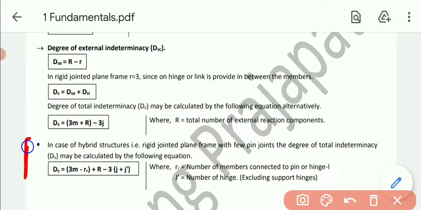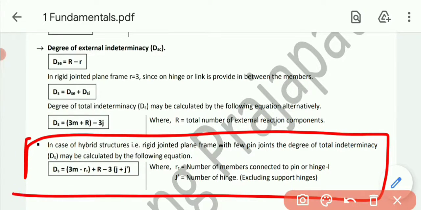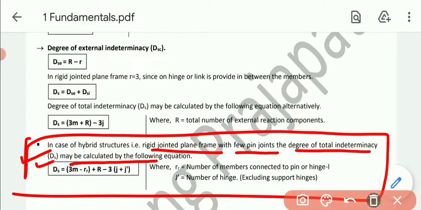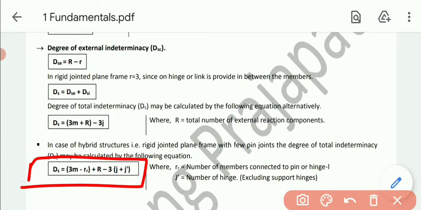Then in case of a hybrid structure, for example a rigid jointed plane frame with a few pin joints, the degree of total indeterminacy DS may be calculated by the following equation: 3m minus RR plus capital R minus 3 times j plus j dash, where RR is the number of members connected to pin minus 1 and j dash is the number of hinges, that is, the hinge support.